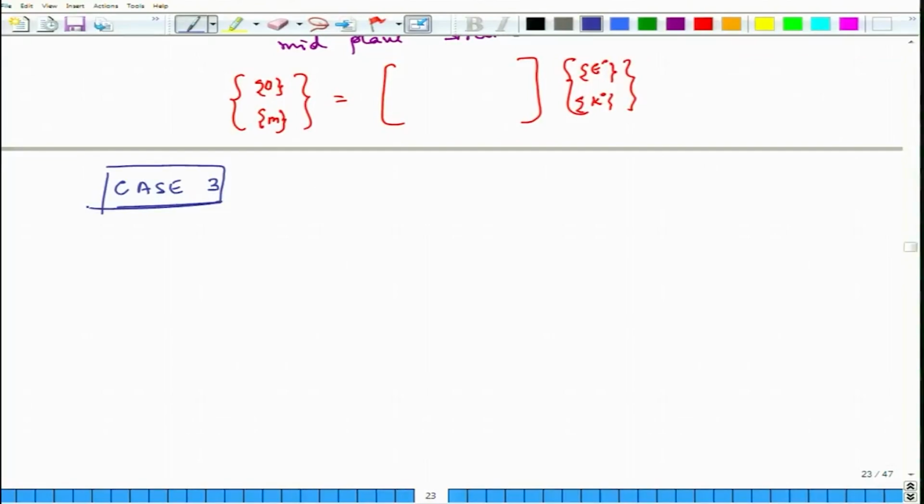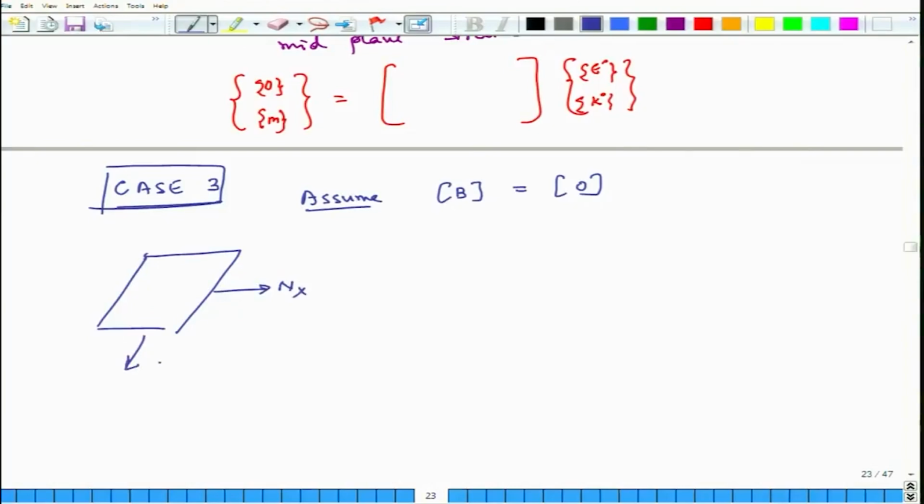Third case, and here we look at the A matrix in detail. So, we assume that we have designed the plate such that its B is 0, and we are loading the plate only using N. So, the plate is experiencing Nx, Ny and maybe also Nxy.